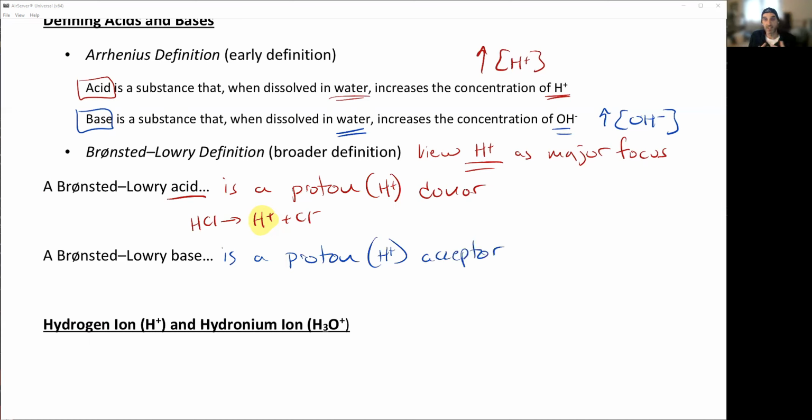So we're looking at the exchange of an H+. If I have, for example, OH- and it combines together with H+ to give me water, the OH- has accepted the H+. In the first case, we're looking at the chloride, and the chloride has gotten rid of the H+. So that H+ is the free unit to go wherever it likes.